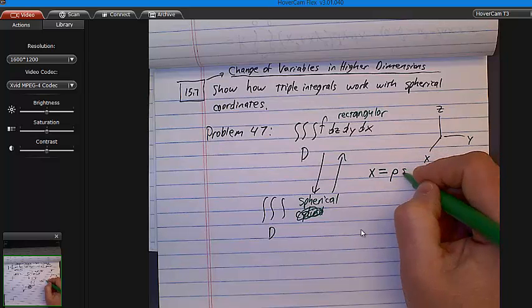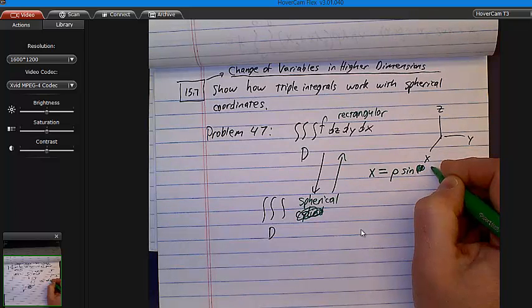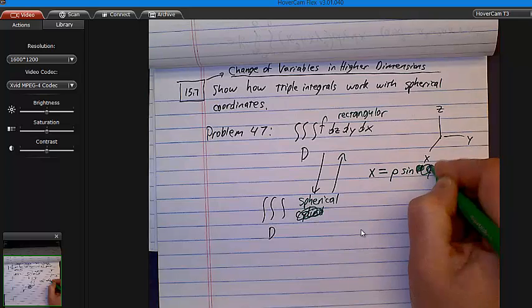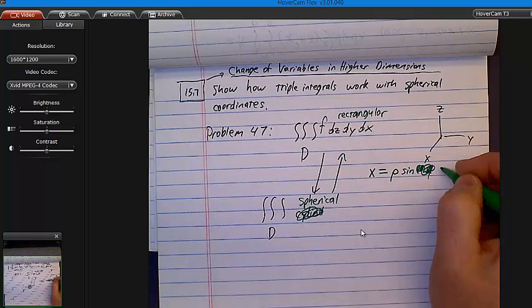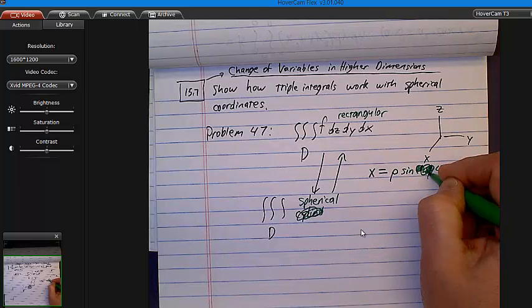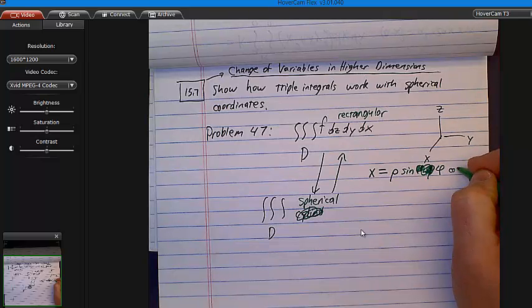times the sine of, that's not so good. Try again, Paul. Why am I having trouble today with that? I'm trying to write phi. I think this is how I usually write it. The sine of phi times the cosine of theta.